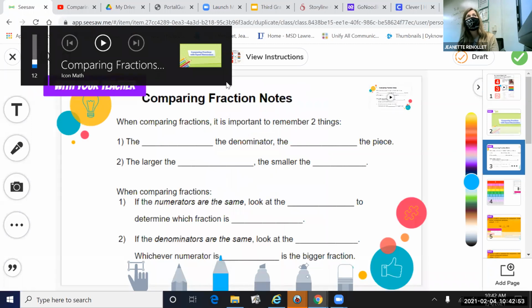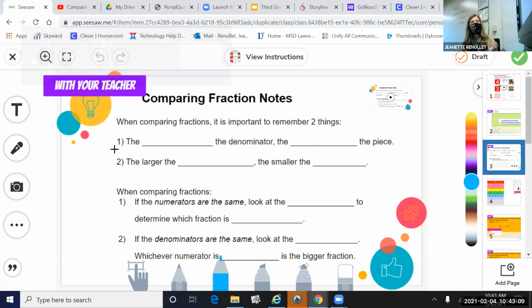On slide 3, we're going to take some notes together that will help us understand comparing fractions with the same numerator, but different denominators. Here's our first sentence. Number 1, the blank, the denominator, the blank, the piece. I want you to type in with me.